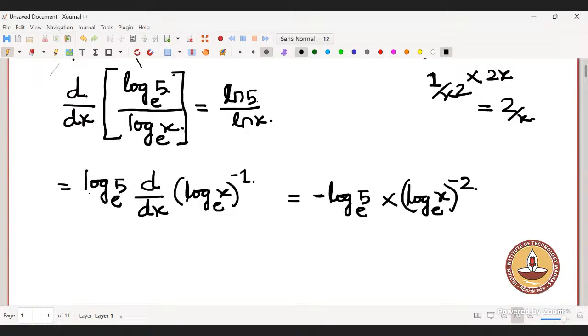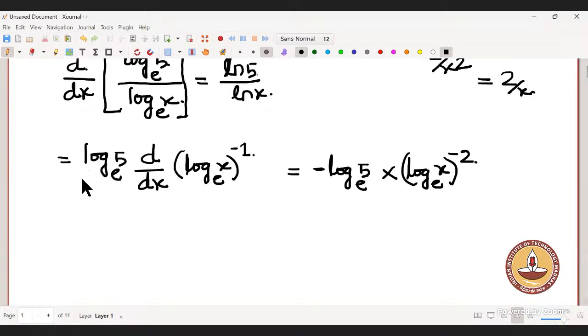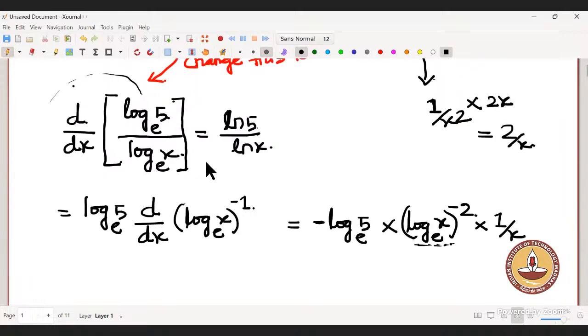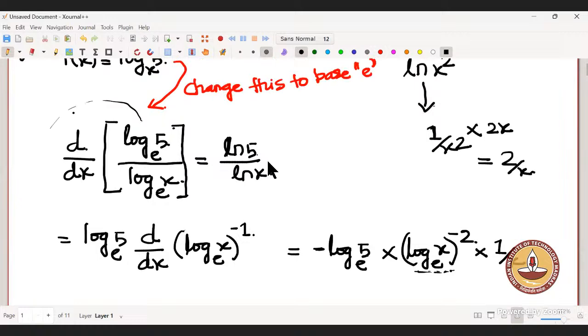You need to apply the chain rule, so again you have to differentiate this function, forgetting about the power. If you differentiate it, what do you get? 1 by x, correct.